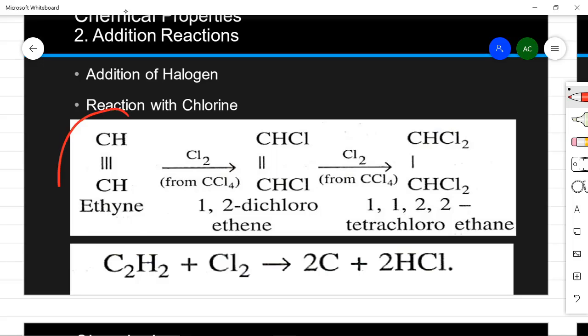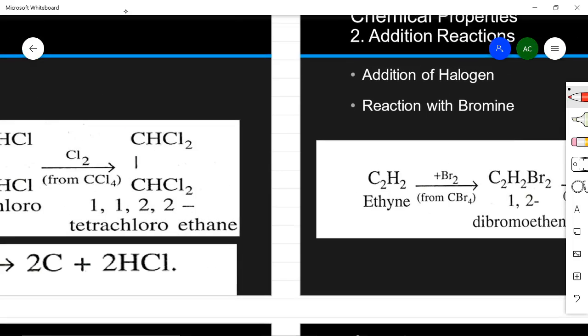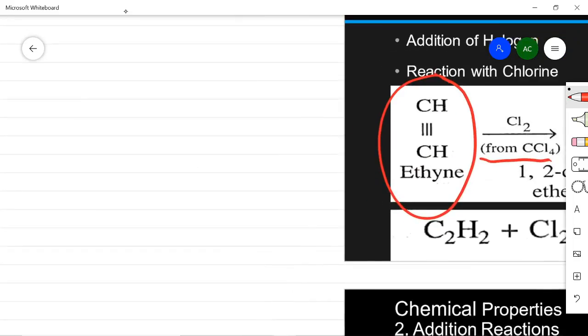Chlorine will be added to ethyne, and from where do we get this chlorine? We will get it from carbon tetrachloride. That means you have to make the solution of ethyne and carbon tetrachloride. Because ethyne is dissolving in carbon tetrachloride, this reaction will happen.